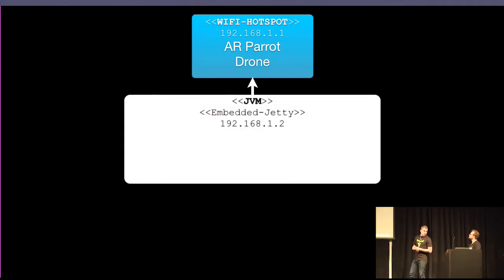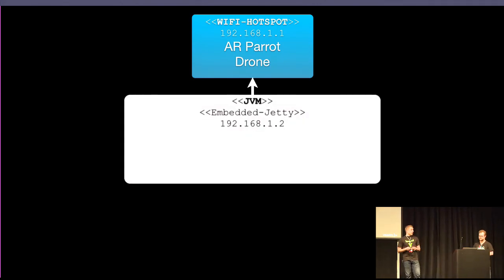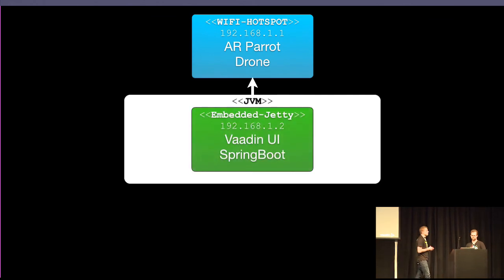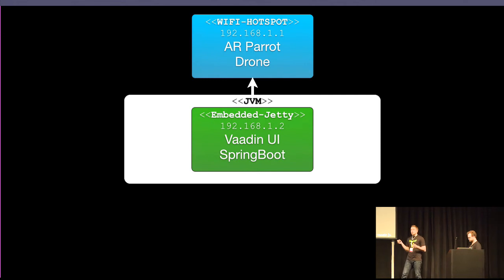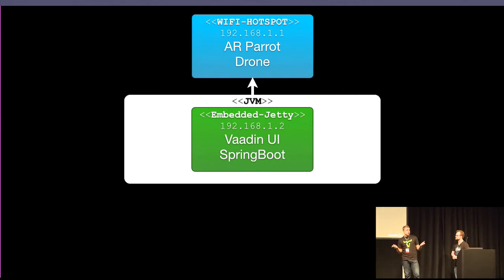In the laptop, we of course have the JVM running and the Vaadin UI on top of the Spring Boot application with the fancy integration add-on we were telling about. One of the features of Spring Boot is that it enables you to run standard Java applications which come with an embedded web server.